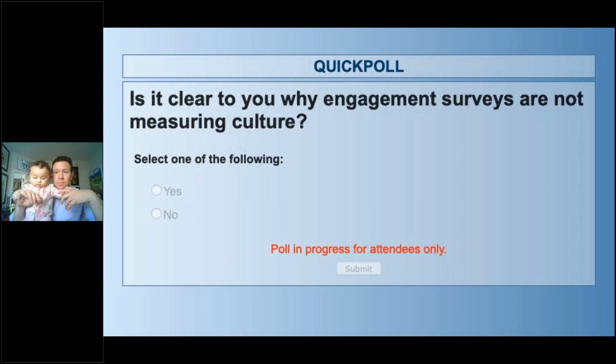Okay, we'll give it another 10 seconds. Give it another 5 seconds just because there's a lot of votes still coming in. Okay, I'm going to close the poll.